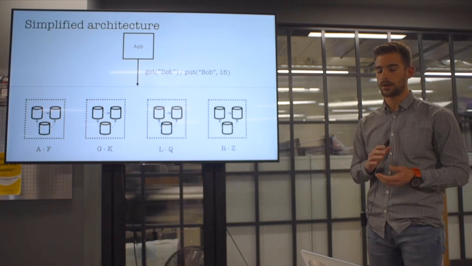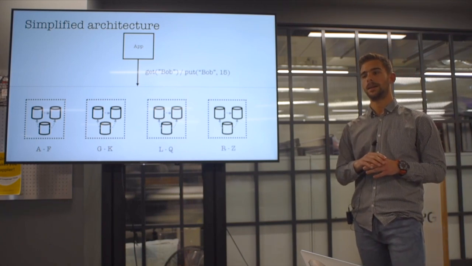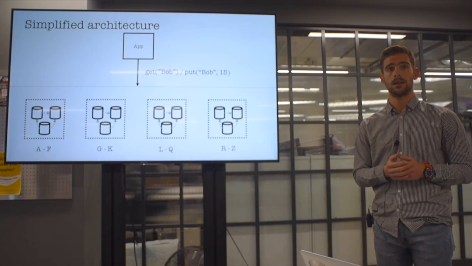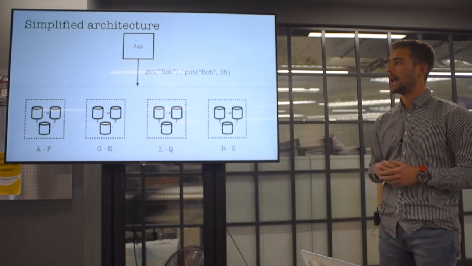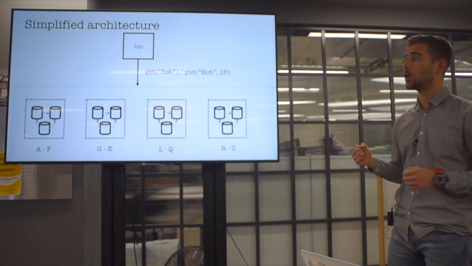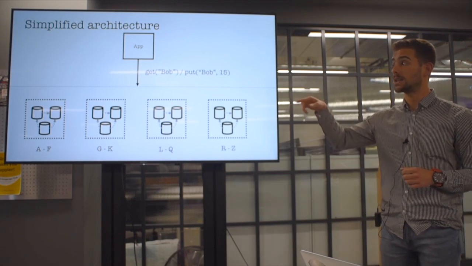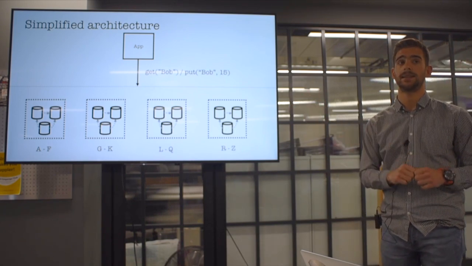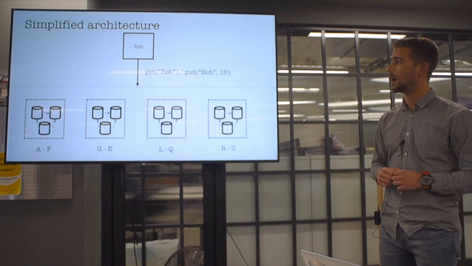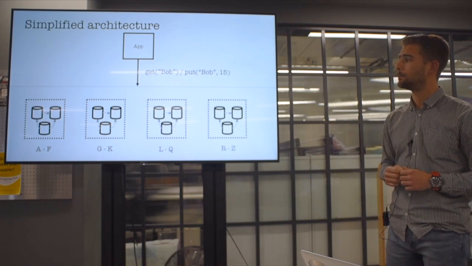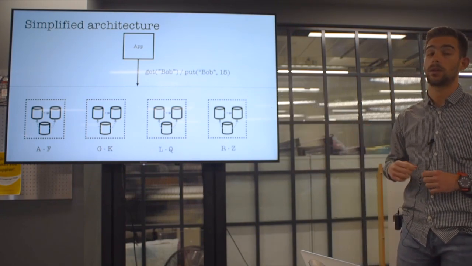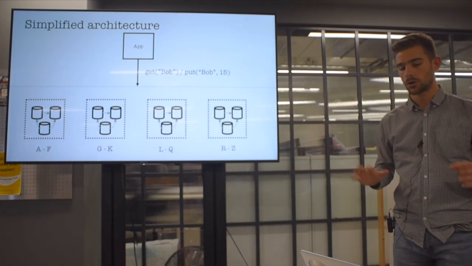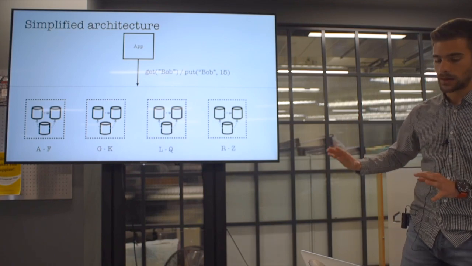For each part of the dataset, they had a number of replicas that contain copies of that dataset. And both reads and writes could go to every single one of the replicas for each dataset. So when they wrote Bob, any of the replicas in the first group could reply to that, whether it was a read or a write. So that was an overview of the architecture.